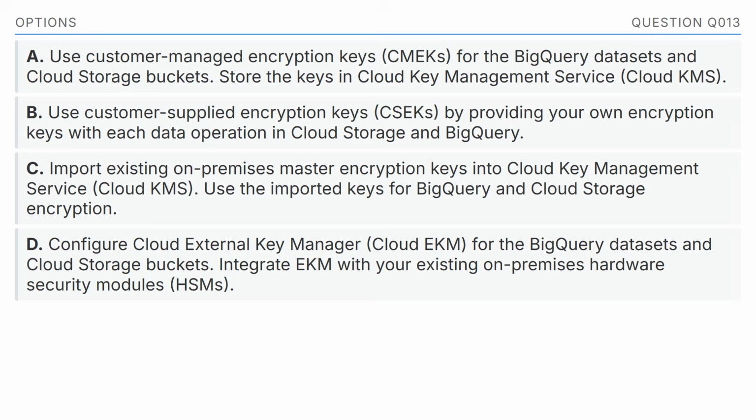Option C, import existing on-premises master encryption keys into Cloud KMS. Use the imported keys for BigQuery and Cloud Storage encryption. Option D, configure Cloud External Key Manager, Cloud EKM, for the BigQuery datasets and Cloud Storage buckets. Integrate EKM with your existing on-premises hardware security modules, HSMs.